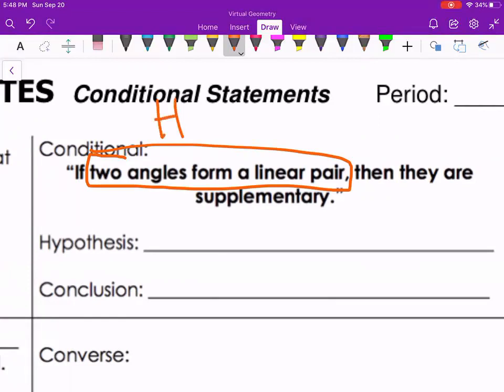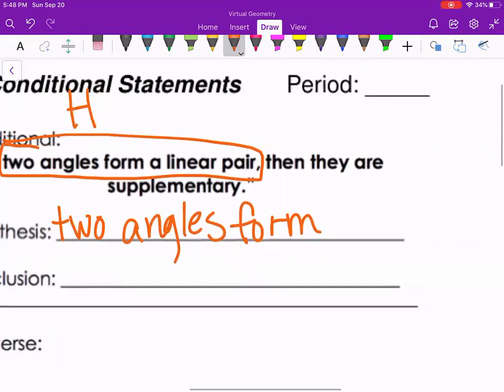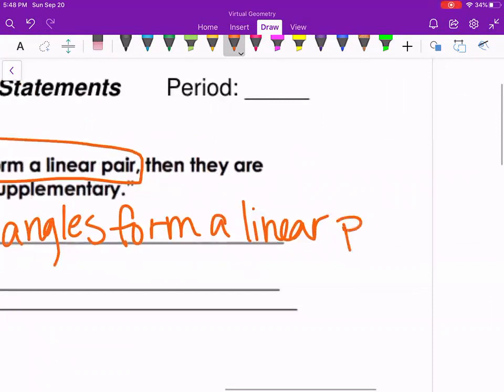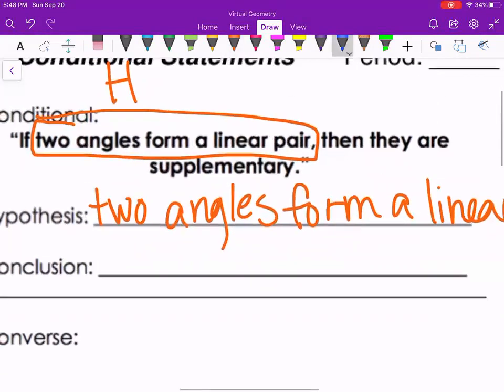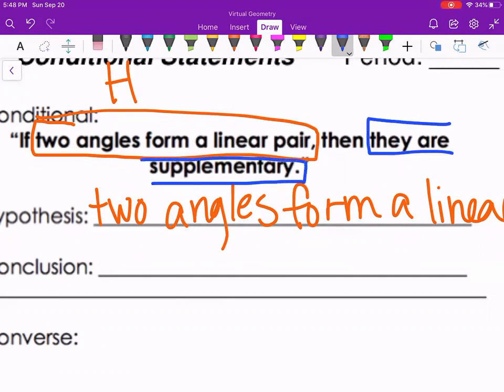So our hypothesis is two angles form a linear pair. Whatever is after the word then, stopping at the period, they are supplementary, is my conclusion.